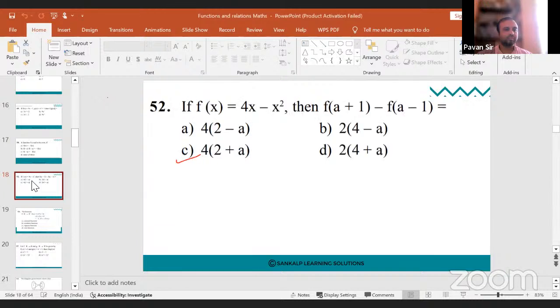Yes, now. If f of x is 4x minus x square, then f of a plus 1 minus f of a minus 1 is what? The options are given here.